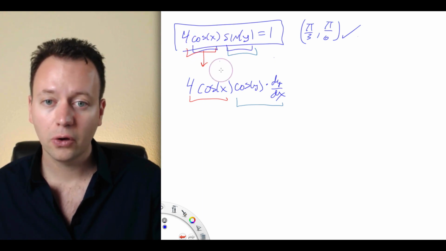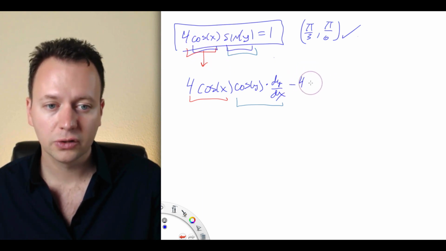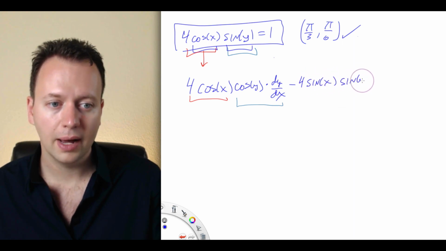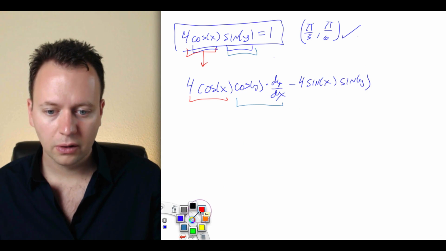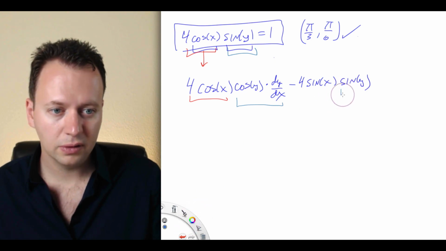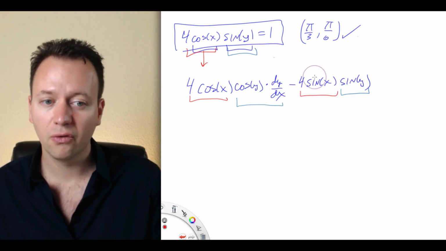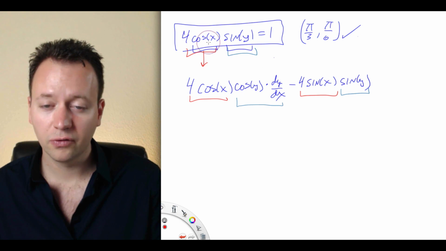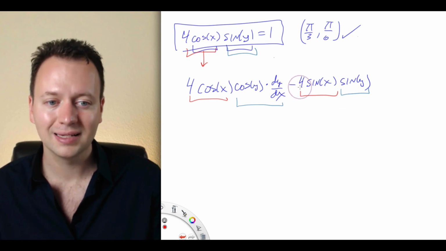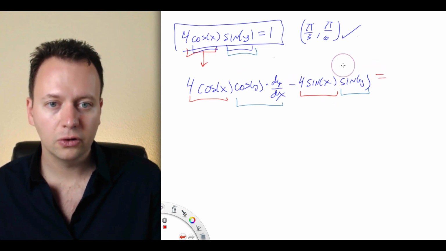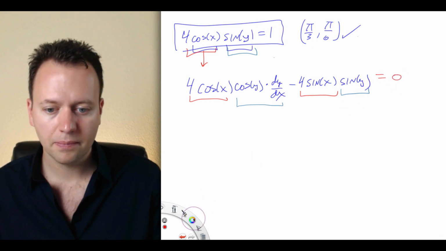Now the derivative of cosine is minus sine, so we get minus 4 sine of x sine of y. So here the second factor just gets carried along, times the derivative of the first factor, which is minus 4 sine x. And then the derivative of 1 is just 0.